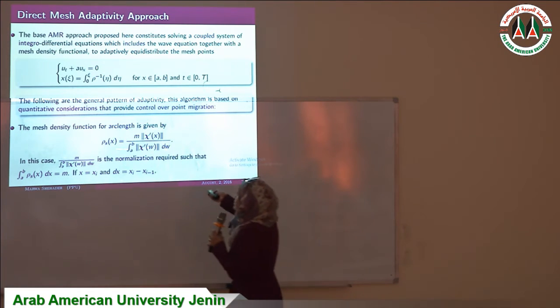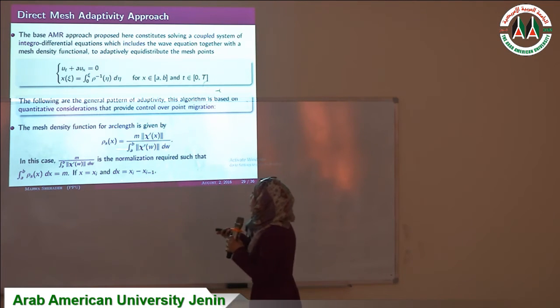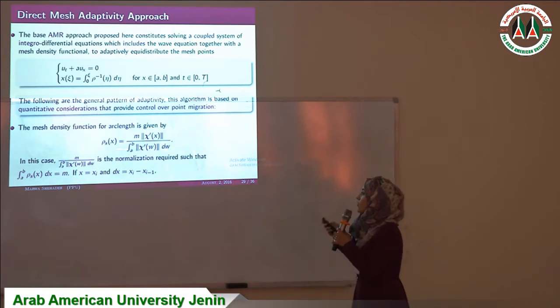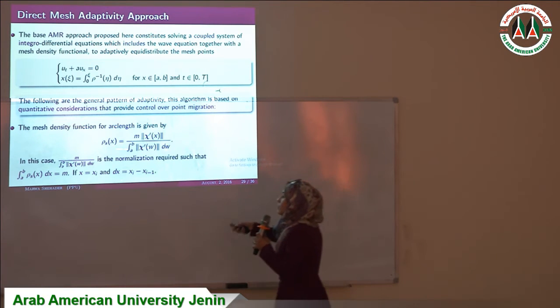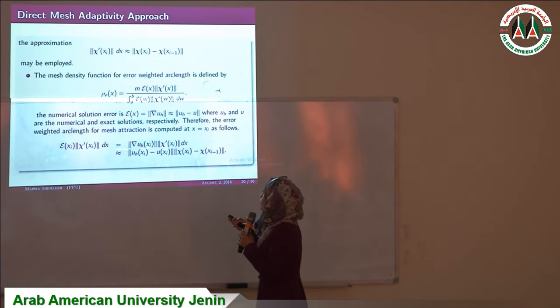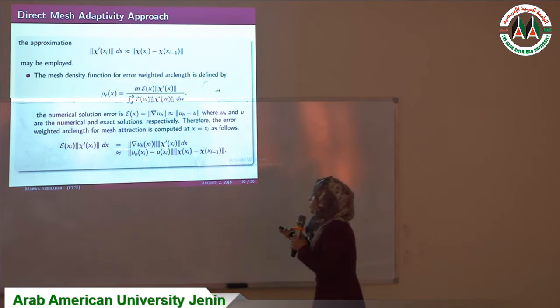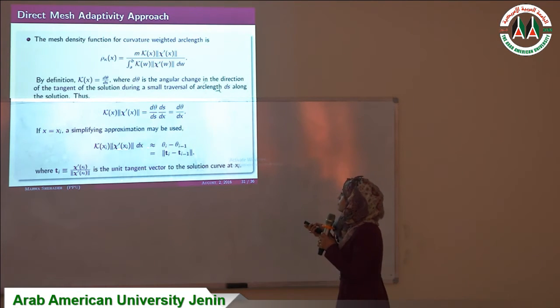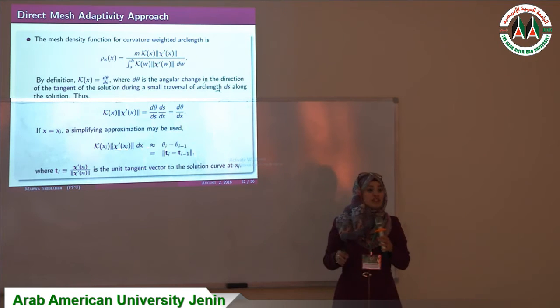So this is some consideration we used, where the mesh density function is given by this formula, for the error and for the curvature. So by all these computations, we get the adaptive method.